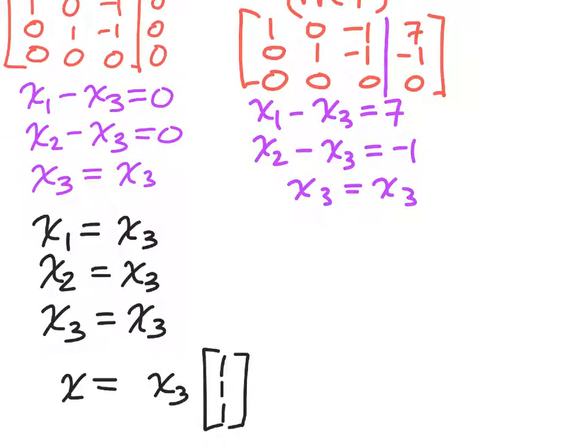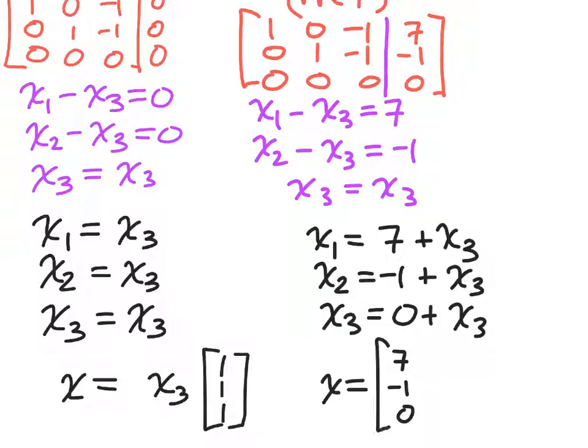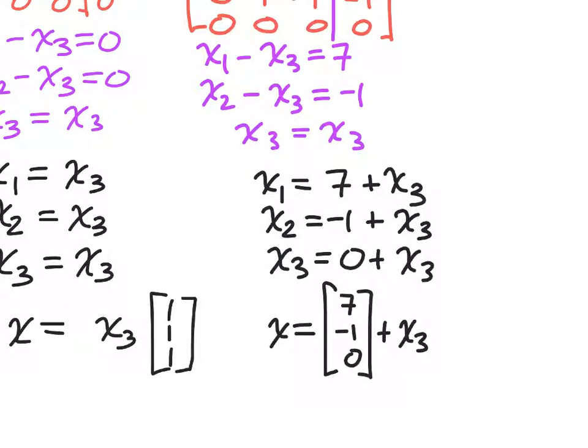A little housekeeping. x1 is equal to 7 plus x3. x2 is equal to -1 plus x3. x3 would be equal to 0 plus x3, which is telling me that x is equal to 7, -1, 0, plus x3 times the vector 1, 1, 1.